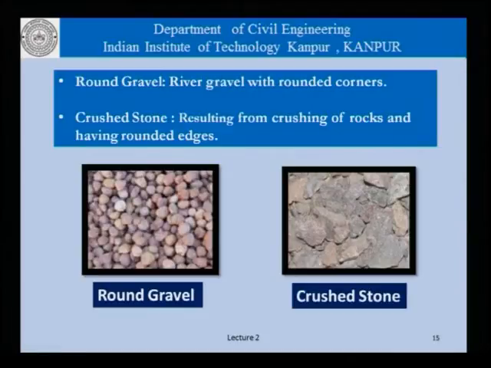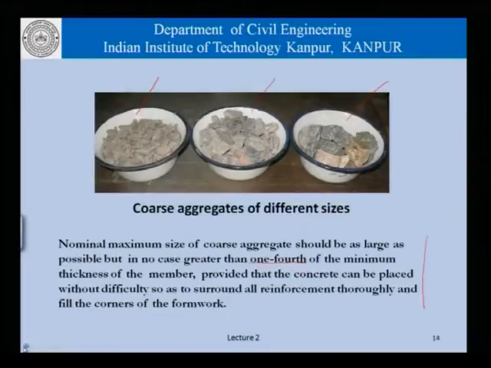Round gravel is what is shown here, and crushed stone is what is shown here. Round gravel is basically river gravel with rounded corners. Crushed stone is the result of crushing rocks and having angular edges.